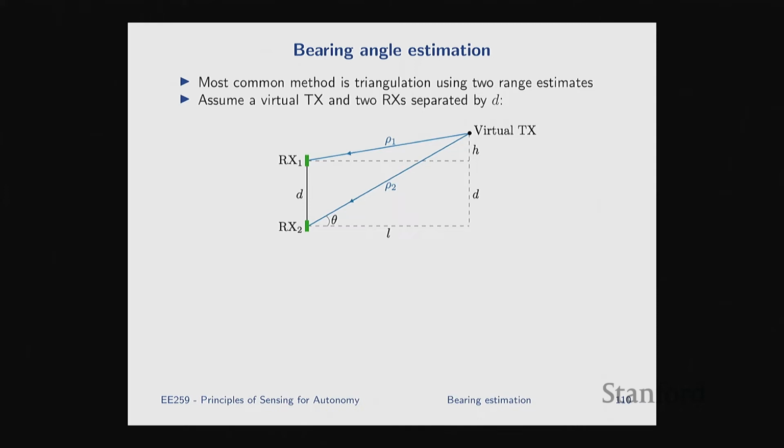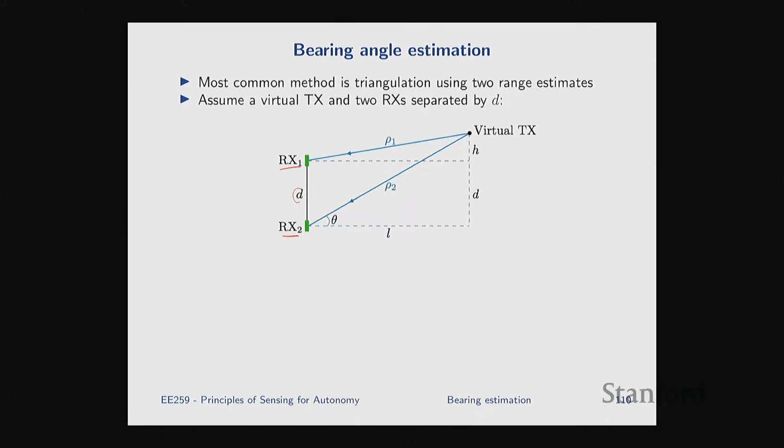As I said, the type of DOA estimation we are going to look at is based on triangulation. So in this case, you have at least two receivers. Okay, so I have RX1 and RX2. They're separated by some distance d, and they have received echoes.